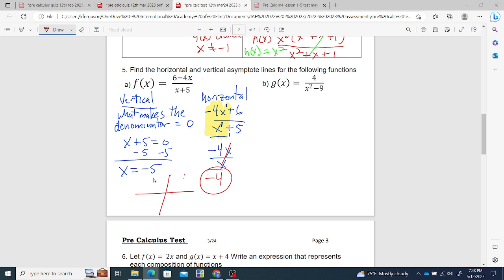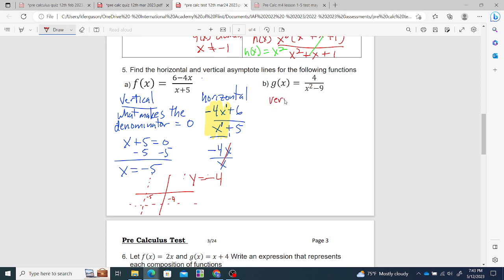So there's a line that goes down x equals negative 5, and then there's a horizontal line, this is y by the way, sorry, y equals negative 4. So there are these two imaginary lines, and my graph can be all around them, but it can't cross those lines.